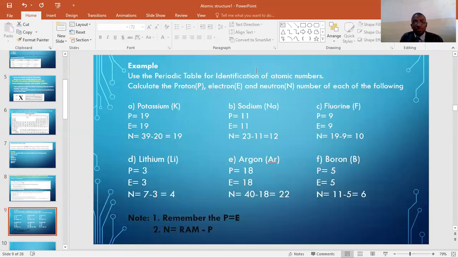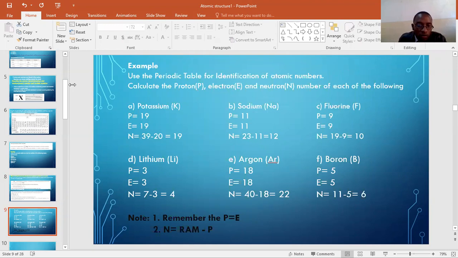Okay, so we have the following examples. We have potassium, sodium, fluorine, lithium, argon, and boron, and those are already calculated for you.